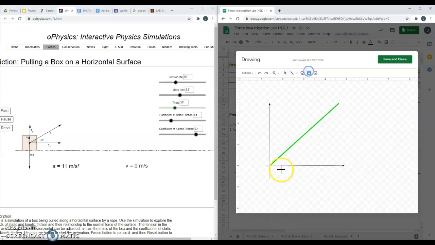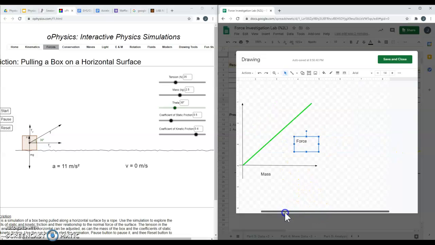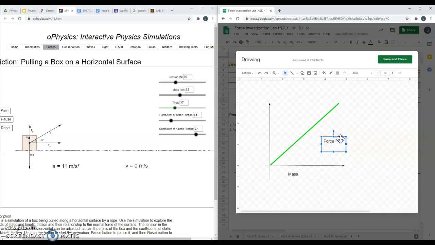I'd also like you to label these parts if you're talking about as mass increases. Say you believe that force will also increase. I'm just going to shorten my text box here and make sure that you're labeling your axes.